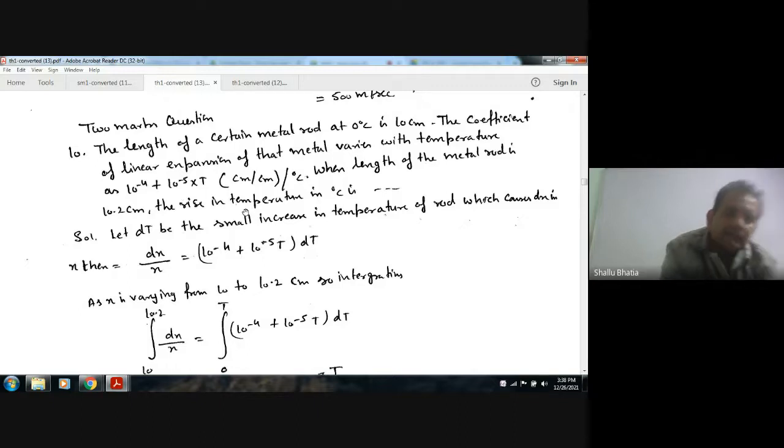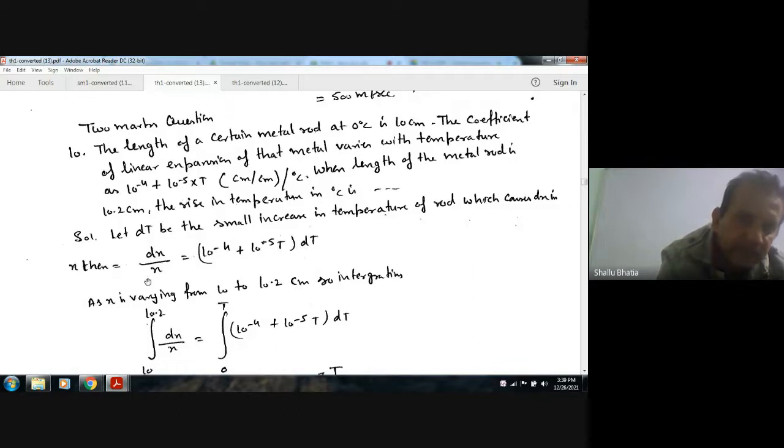Let dT be a small change in temperature at which the expansion of dx takes place. So this is dx at dT.